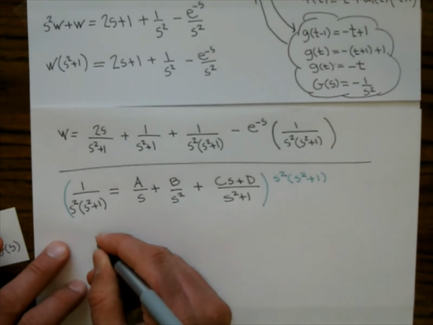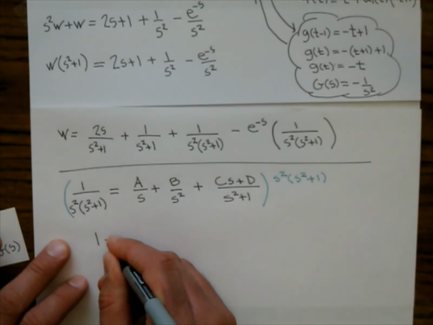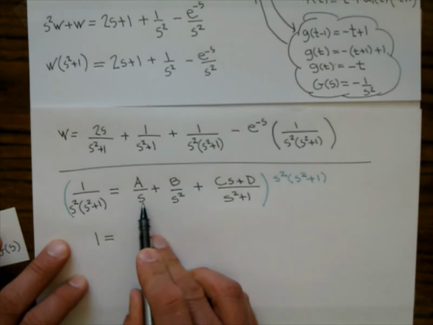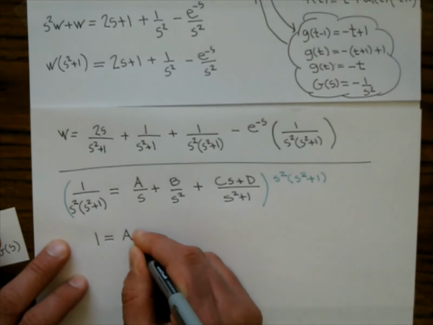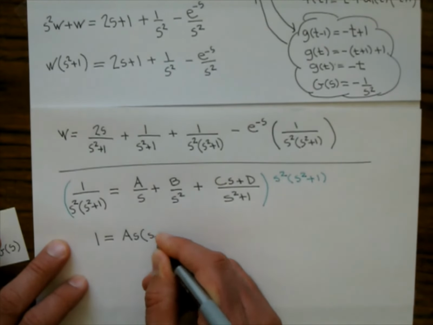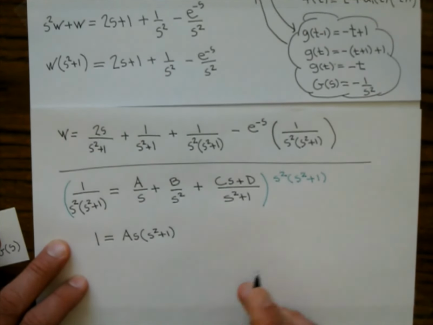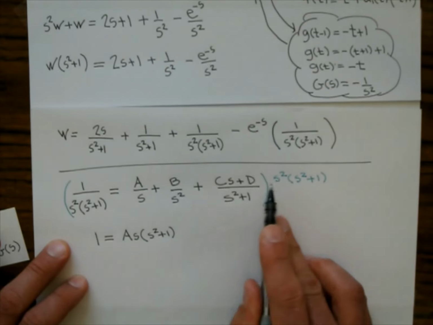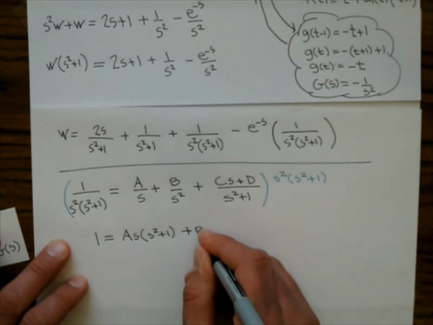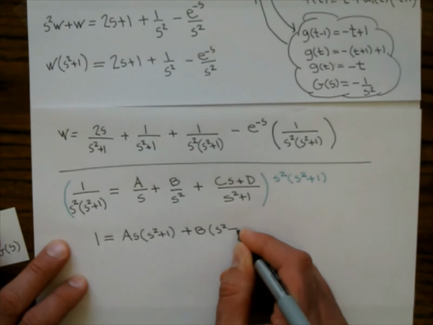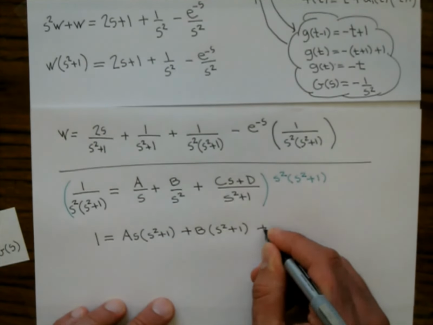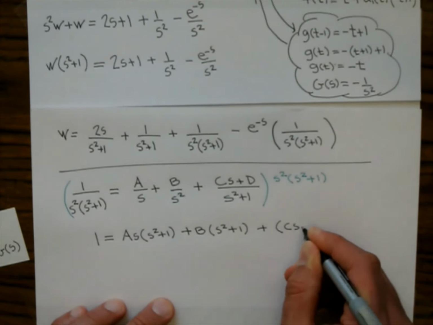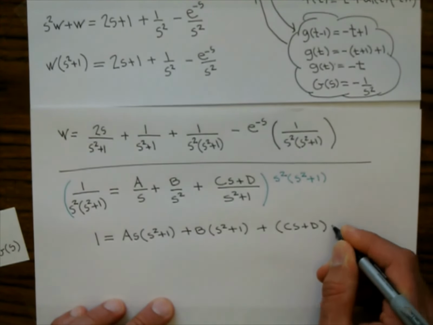We end up getting 1 on the left-hand side, because all those things cancel, and then one of the s's is going to cancel on this term here, so I'll have as times s squared plus 1, and then over here the s squareds are going to cancel, and we'll have b times s squared plus 1, and then over here the s squared plus 1s are going to cancel, and I'm going to get plus cs plus d times s squared.